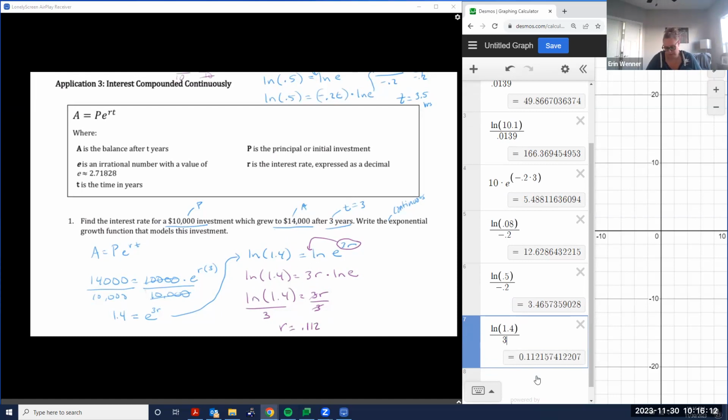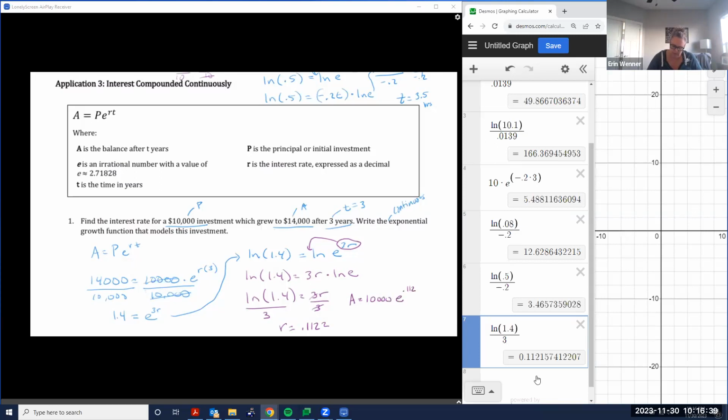You can keep going. I'm going to keep going. Your homework will tell you how many decimal places to take it out to. But this gives us 0.1122. So they want us to write the formal final equation. And so what that's going to look like is A is equal to 10,000 times E to the 0.1122T.